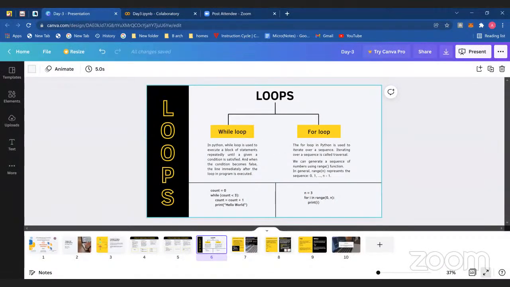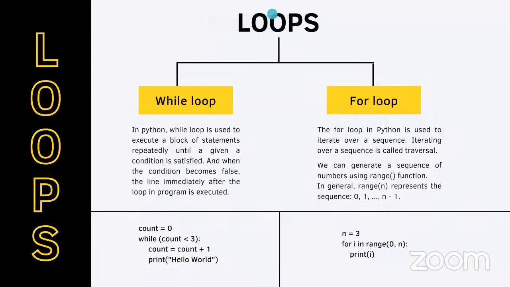Okay. Yeah. Now comes for loop. See the example. n is equal to 3. For is a keyword and i is the variable. Tell me what is in. We studied it yesterday. In operator.